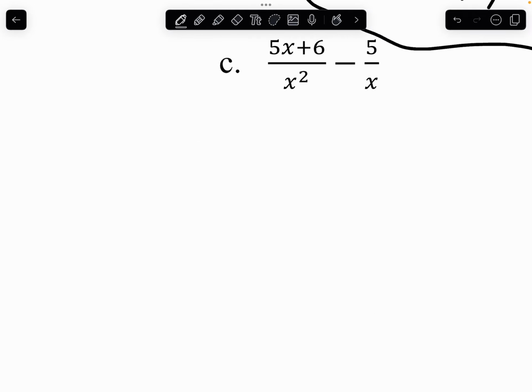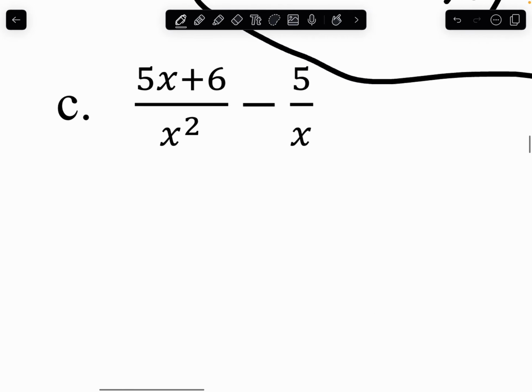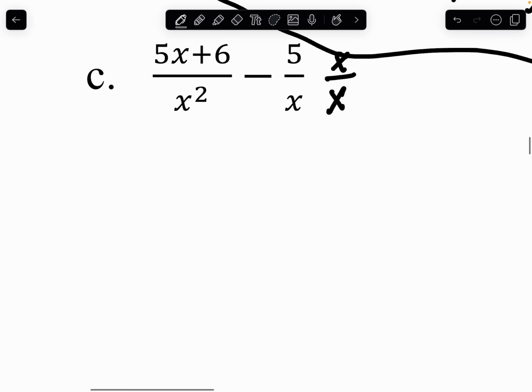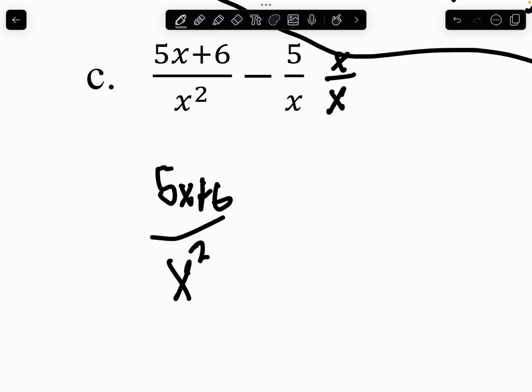Letter C. So I notice this one's x squared and the other one's x. Then I'm going to multiply this side by x over x to get the denominator the same. So it's going to be 5x plus 6 over x squared minus, I like to put parentheses for subtraction.